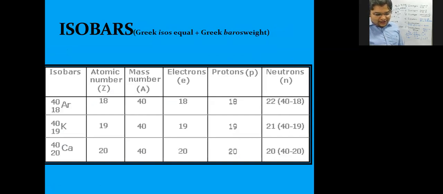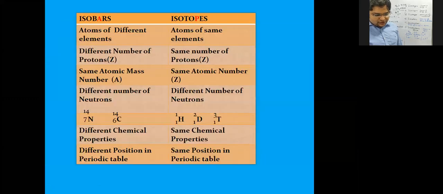टेबल देखिए आपको क्लियर है कि नहीं. 40. ठीक है. क्लियर है आपको. Look at the differentiation over here. Atoms of different element, atoms of same element. Do you understand this?